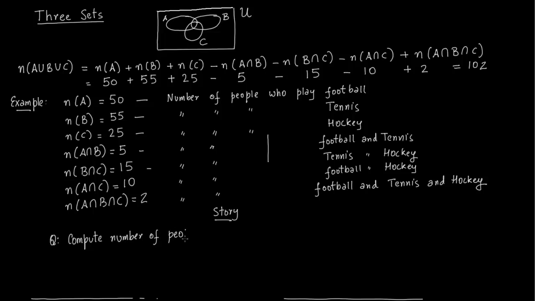So notice for intersections we have and, football and tennis and hockey. In fact, for each of the intersections we have word and. So you have to be able to link this word and with intersections and word or with unions.